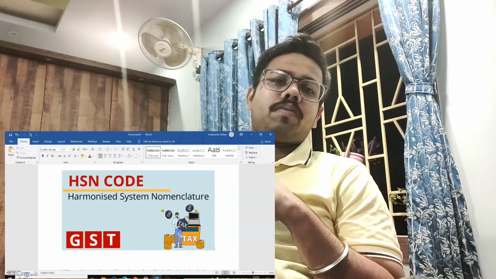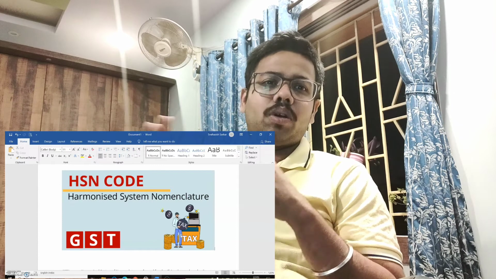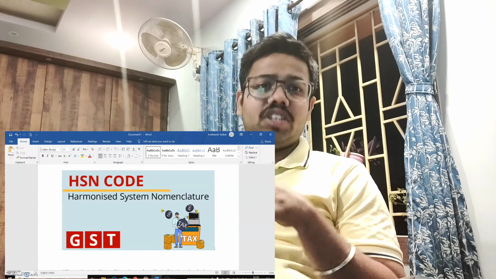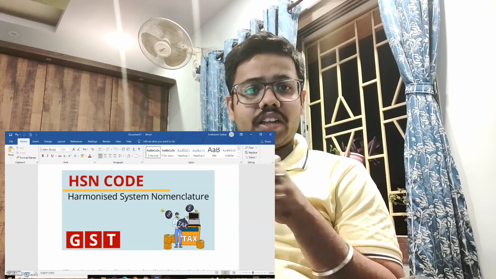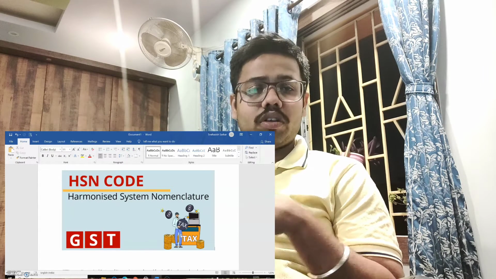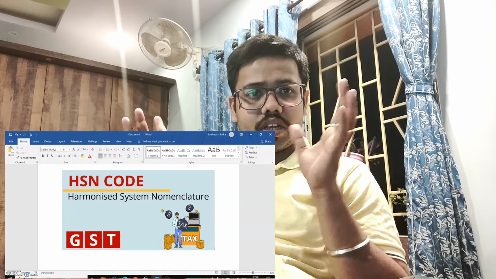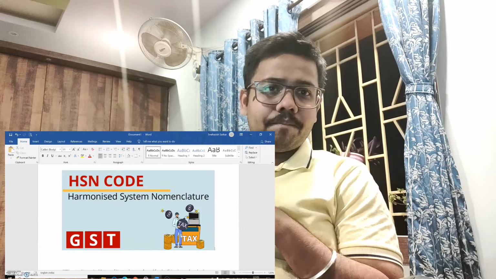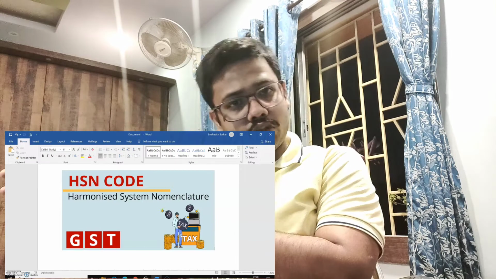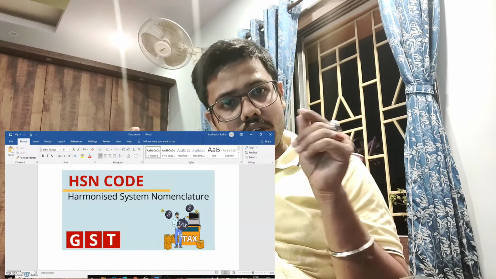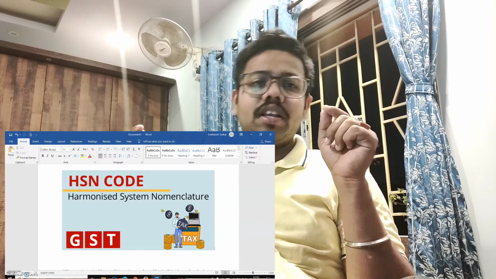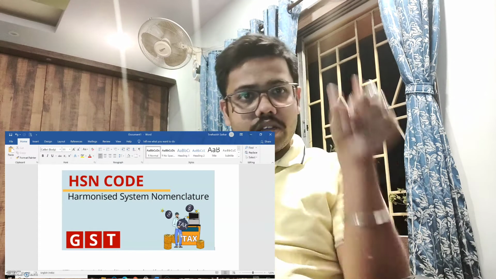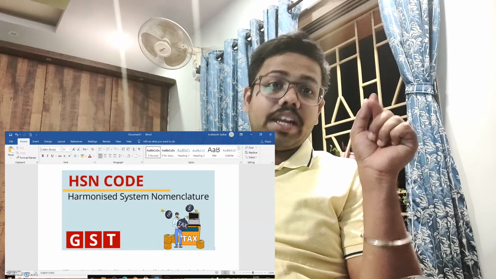If you have noticed, while buying products from any shop which is under GST, which has taken a GST number and gives the GST bill to consumers, as a consumer you buy the item from that particular shop. I think you have noticed that in your invoice there is a column that is written HSN.